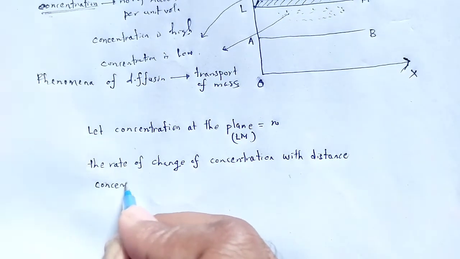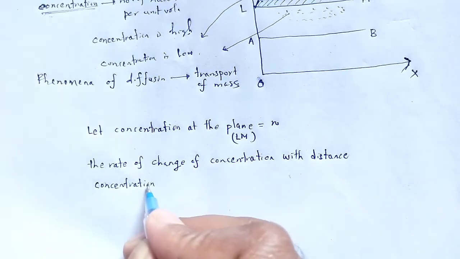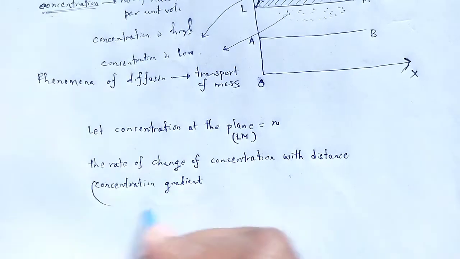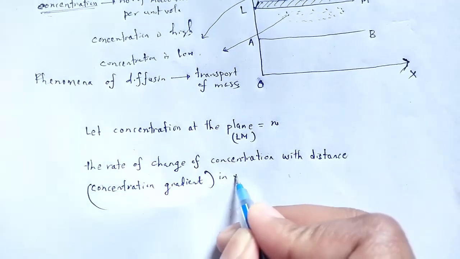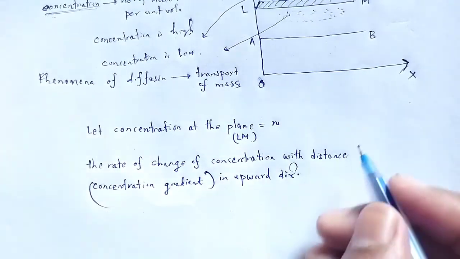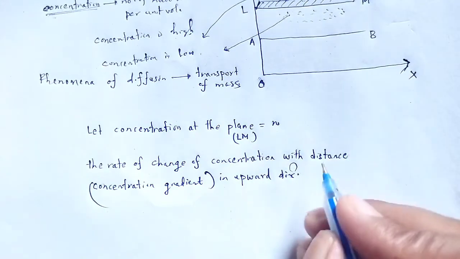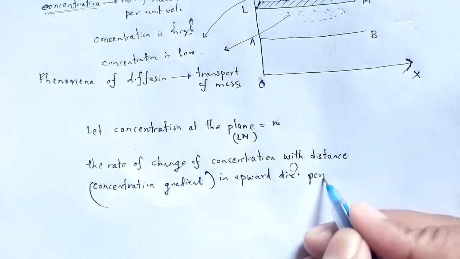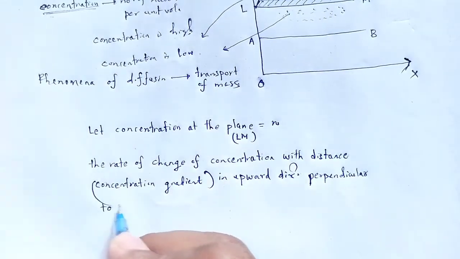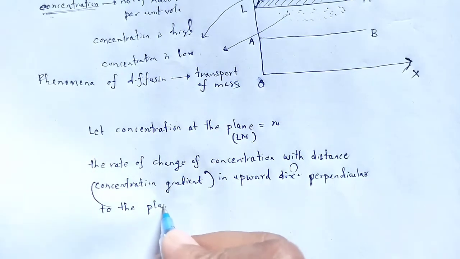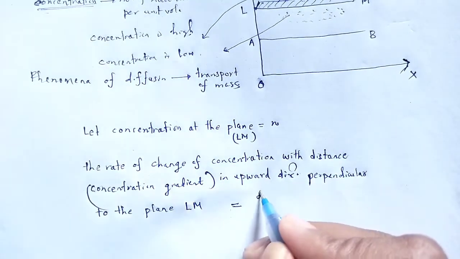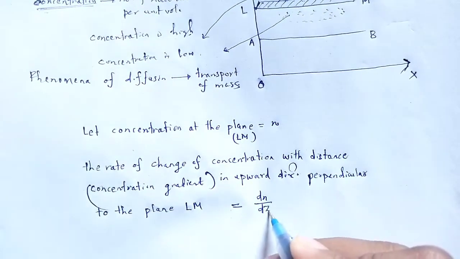The concentration gradient in the upward direction, perpendicular to the plane LM, is equal to dN by dz.